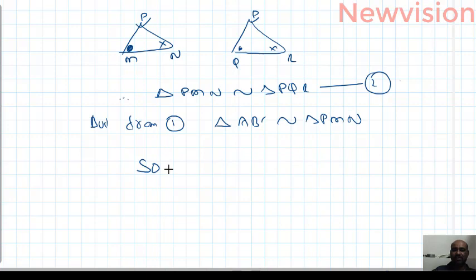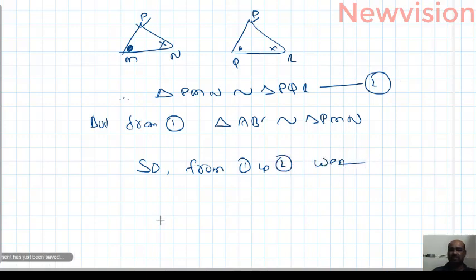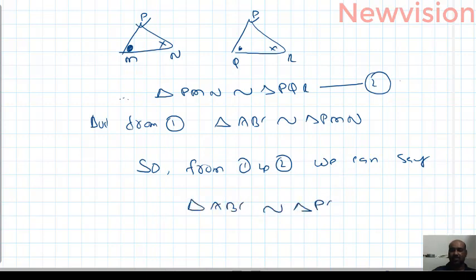So from 1 and 2 we can say triangle ABC is similar to triangle PQR.